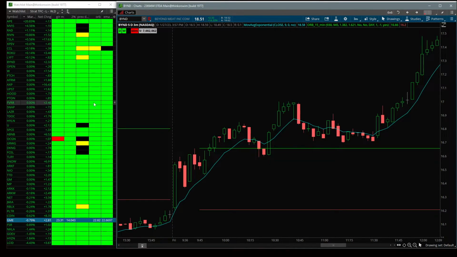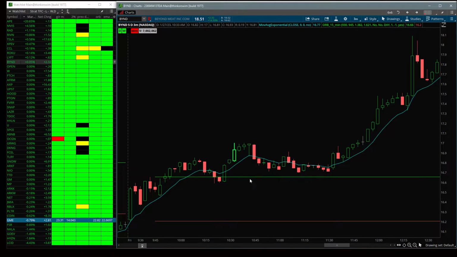Now, one thing about the yellow column, the yellow boxes, is that it will also turn yellow when it's getting close to going back down. So it's also kind of a heads up both ways. Just something to note. All right. So once this did break, this 9 EMA, it didn't cross back down past the opening range high.